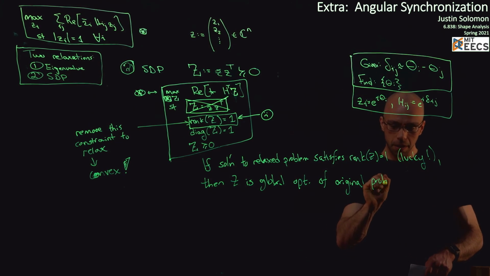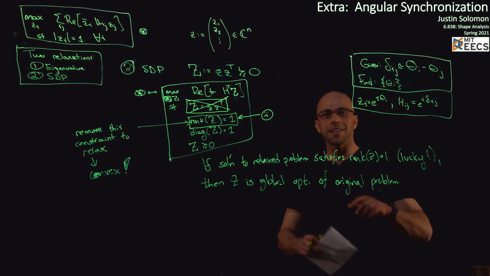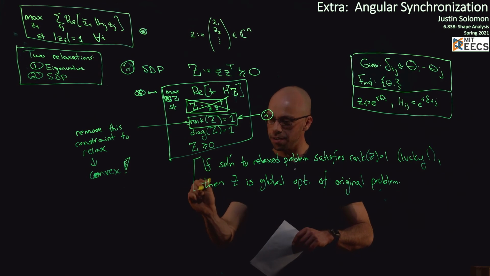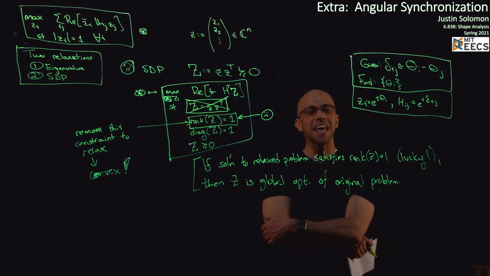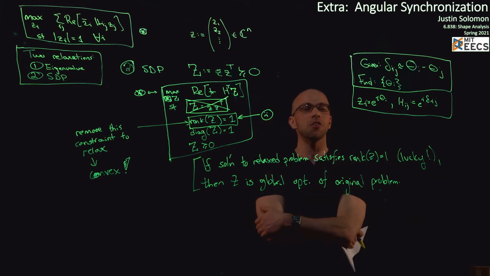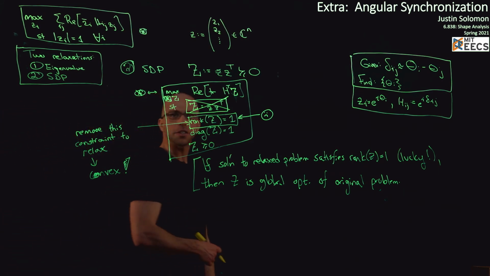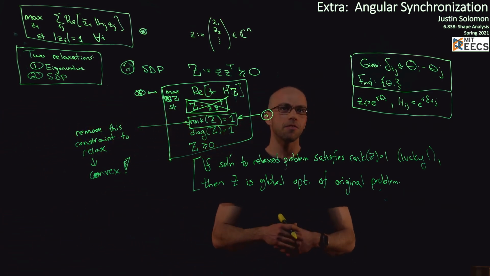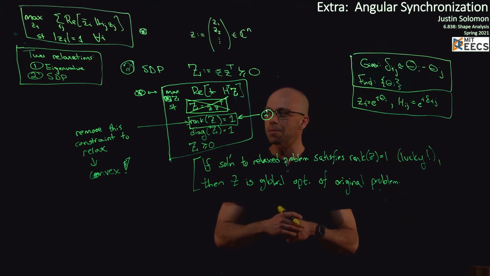The original problem. So this, I think, is a non-controversial sentence. The only question is whether it's useful mathematically. And the answer empirically is yes: oftentimes when we solve this convex problem where we've dropped the rank constraint, we get a rank 1 solution. And this is a surprising and beautiful observation about these SDP relaxations of rank 1 style problems.